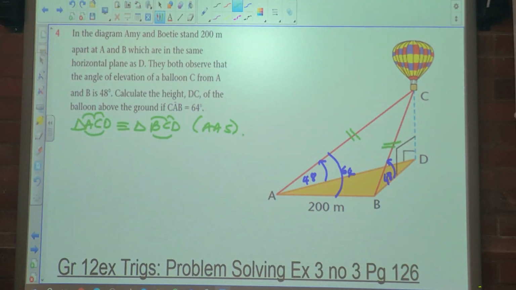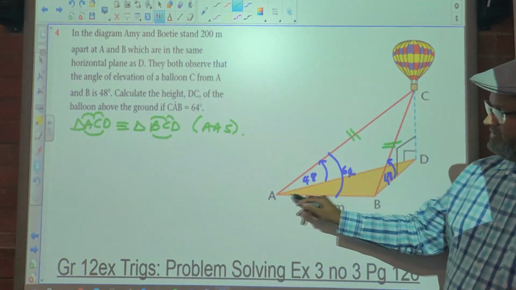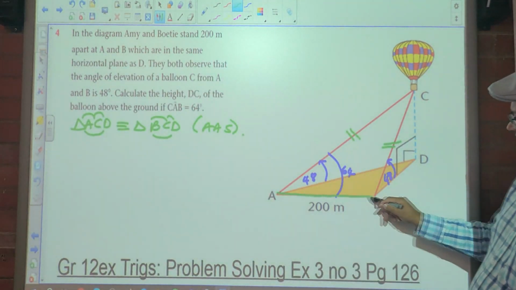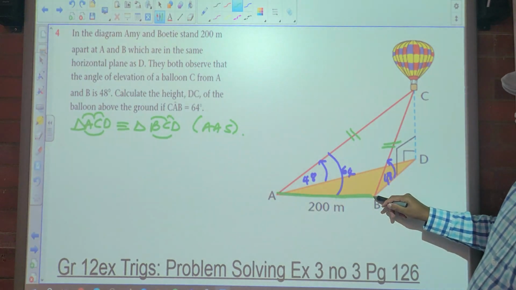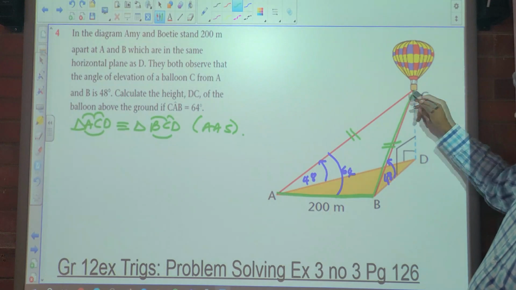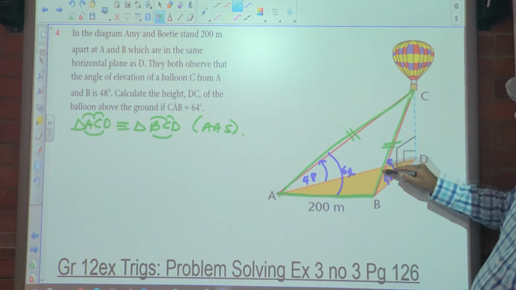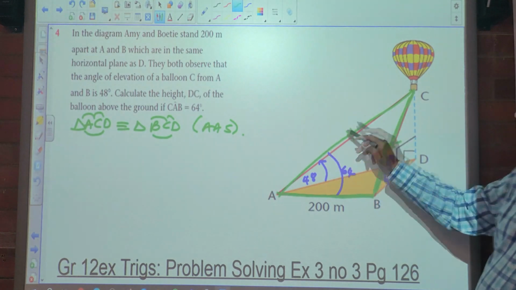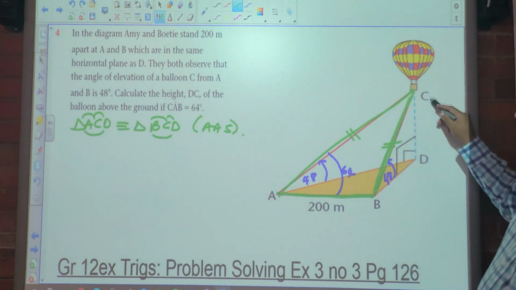You see that, people? Why did I also have to go down this route? Because I have that length thing. I would have to conclude that triangle first, to get the length of this side here, or that side, and then I use the triangle CDB.